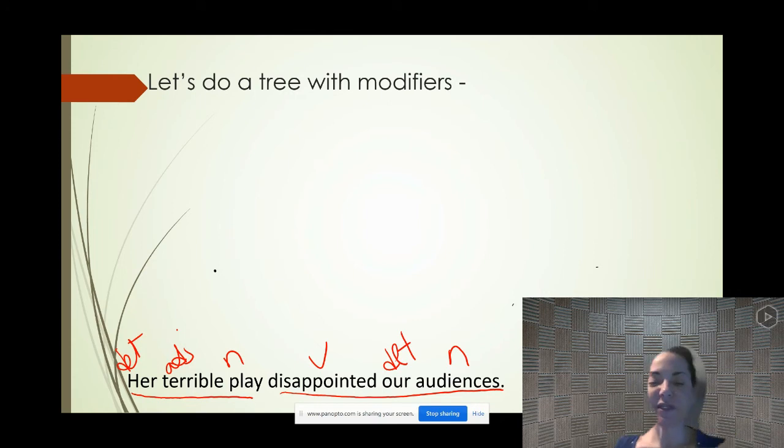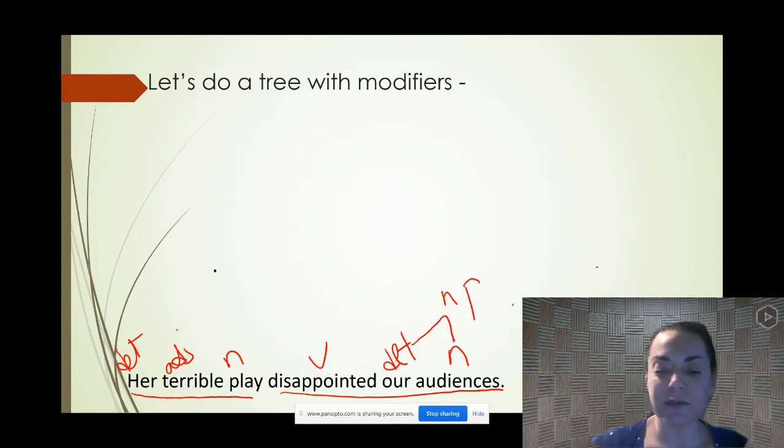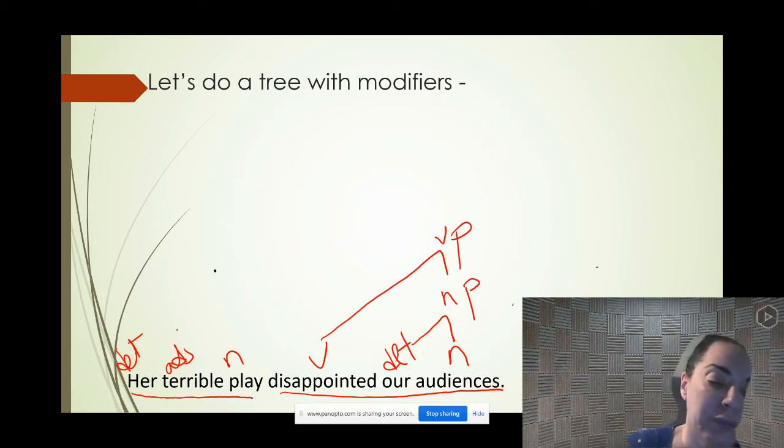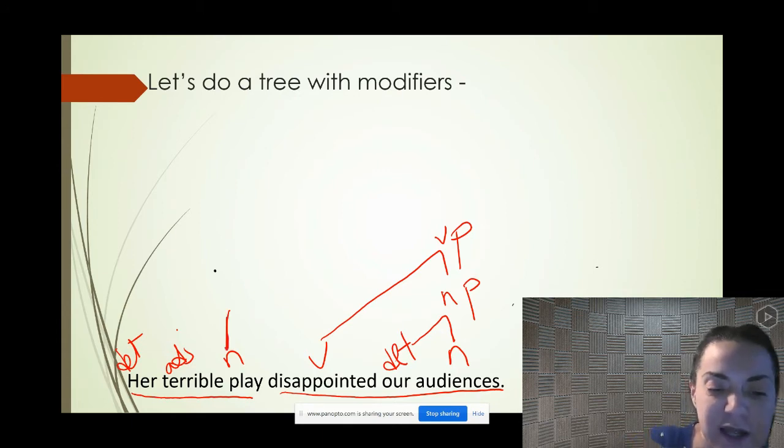All right. I'm going to do the easy part first because there's not a whole lot of description: disappointed our audiences. We put our determiner with our noun to get our noun phrase. We add our verb to get our verb phrase. All right, now play here has two descriptors. Okay, so we've got the adjective of terrible and the determiner of her. So what we need to do to get to our noun phrase is we have to bring this play to a noun bar.